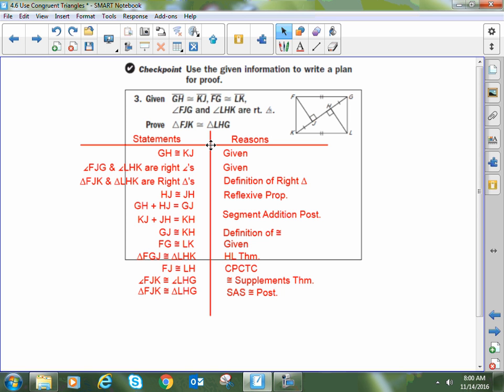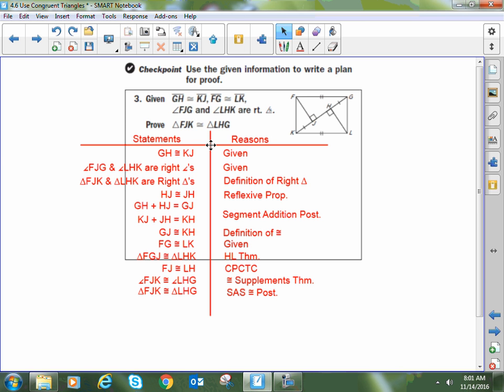And then I'm going to add those segments together to show that GJ and KH are the same according to segment addition. So moving on, GJ and KH are congruent to each other because that's what congruent segments do.